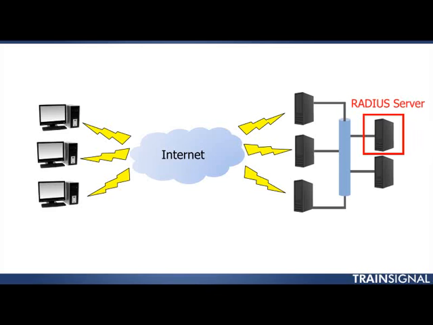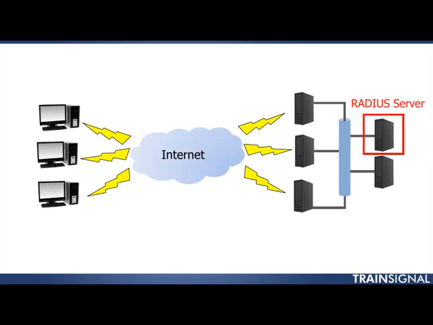So all the way over on the right, on the top, you'll see we have a RADIUS server. That RADIUS server is responsible for being a centralized repository of the rules, so it can make sure that all the remote access servers have to follow the same rules when it comes to remote access connectivity.